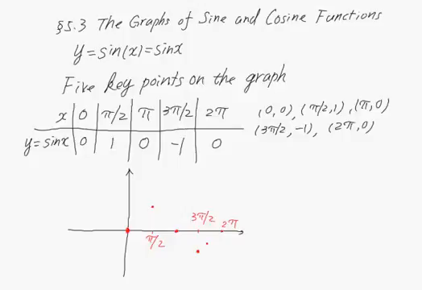And we just saw sine x increases from 0 to half pi, so you can have the curve like this. And it decreases from half pi to pi, so you have the graph like this. And then it continues to decrease from pi to 3 pi over 2, and then increases from 3 pi over 2 to 2 pi.